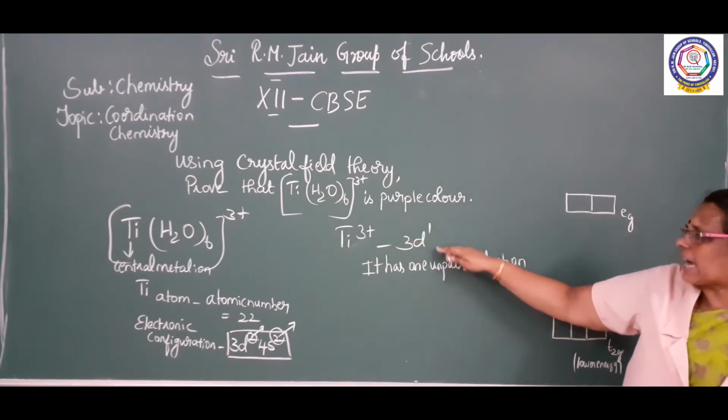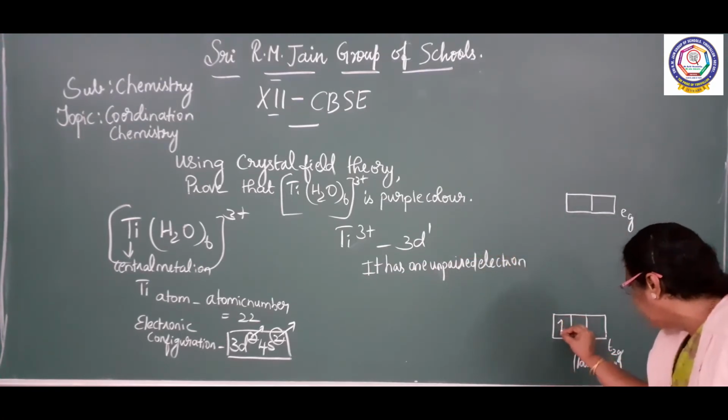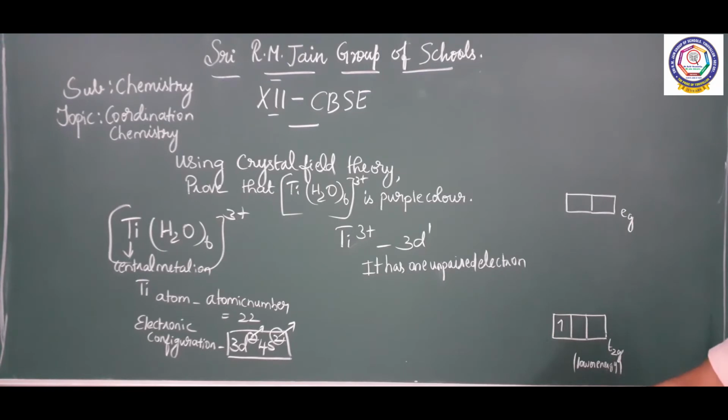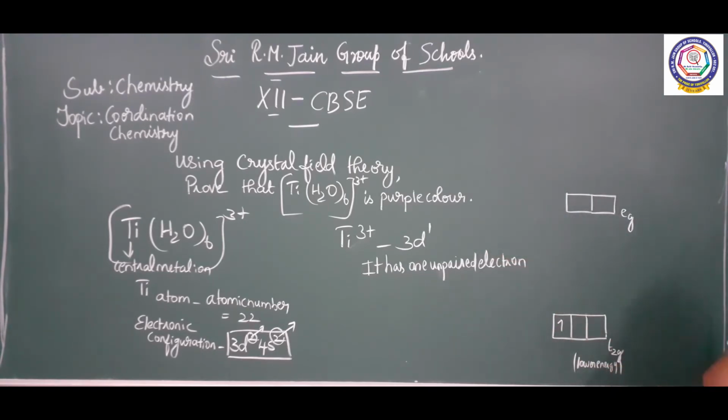Titanium 3+ has only 1 electron. The electrons are first filled in the orbitals of lower energy, so it will go and occupy the lower energy orbital, which is t2g.